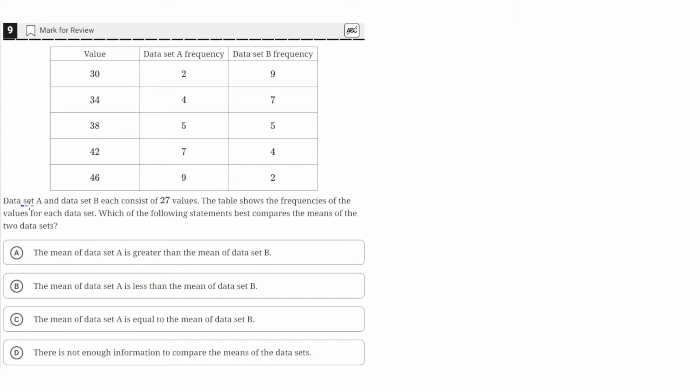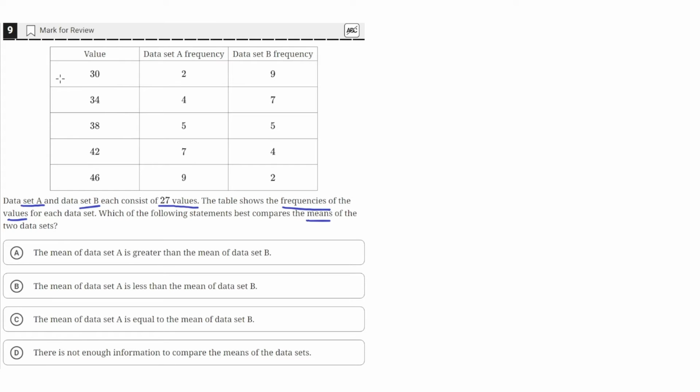Dataset A and dataset B each contain 27 values. The table shows the frequencies of the values for each dataset. Which of the following statements best compares the means of the two datasets?